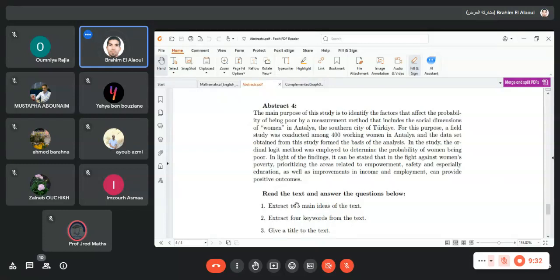So read carefully and extract at least two main ideas and four keywords from the text, and give a title to this abstract. Then, using your keywords, you will look for this scientific paper on the website sciencedirect.com.